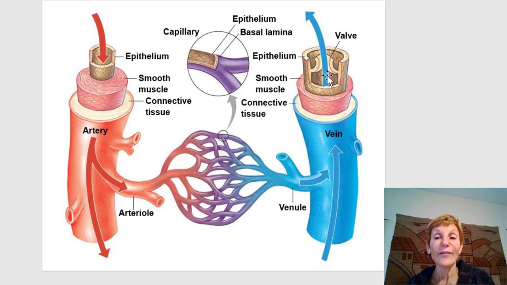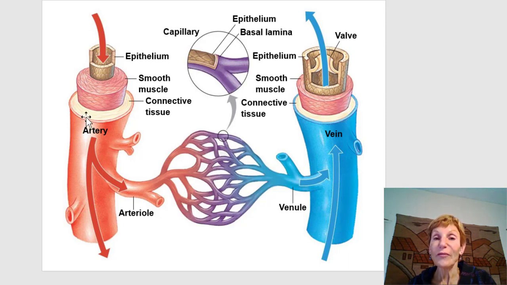You also have these valves in the veins, especially in the extremities. We talked about those. Now, you will also see that arterioles and venules have this same type of connective tissue and smooth muscle. But I want to make the point between the artery and the vein.